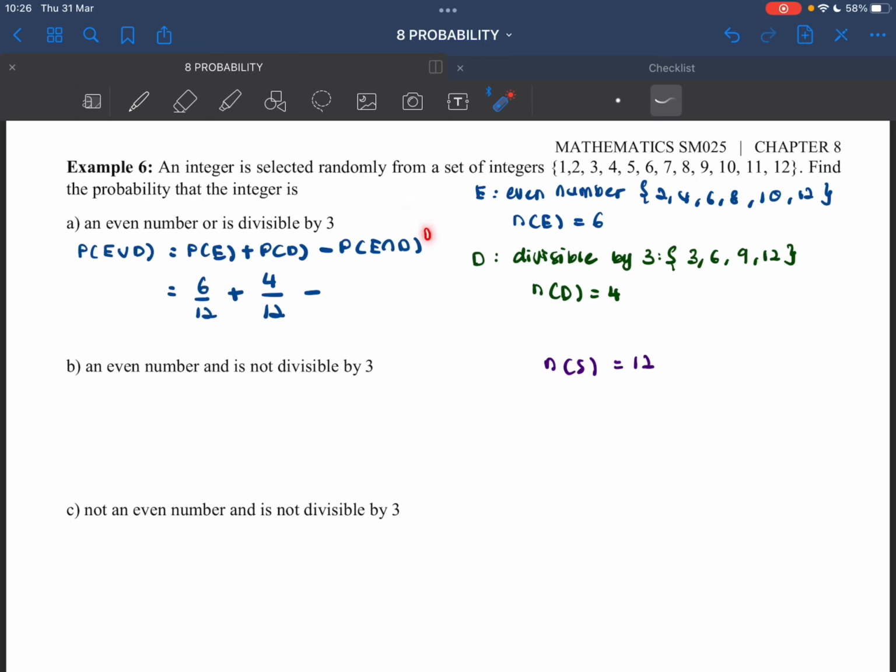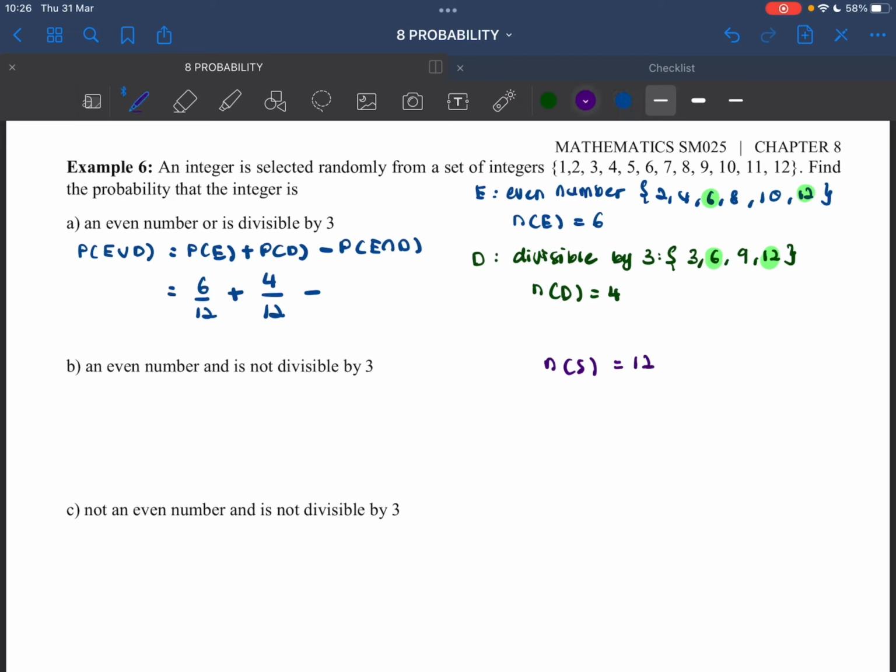And how about P(E intersect D)? How many numbers do you have that are in the even numbers and also divisible by 3? As you can see here, we have 6 and 12. Okay, so there are two numbers that are in the even numbers and also divisible by 3.